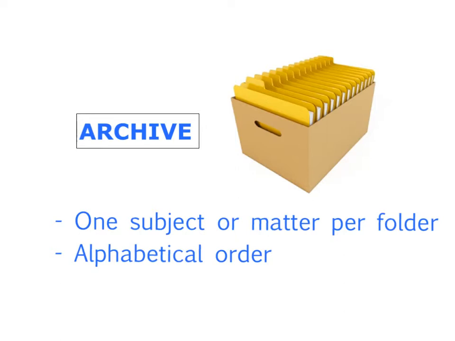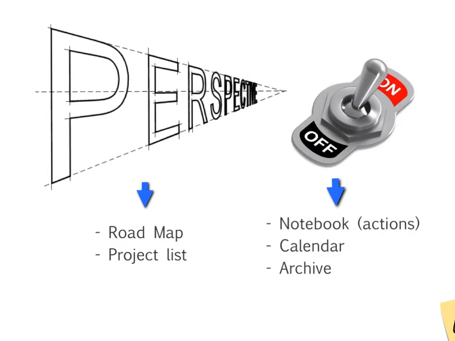Say, for example, a telephone only can be by the T or by the B of Vodafone. So you should create one folder per subject or matter. In this way you can retrieve the information very quickly.